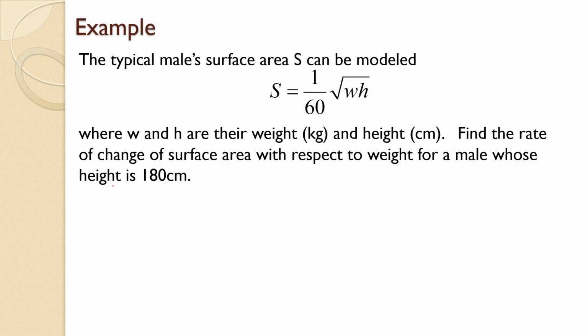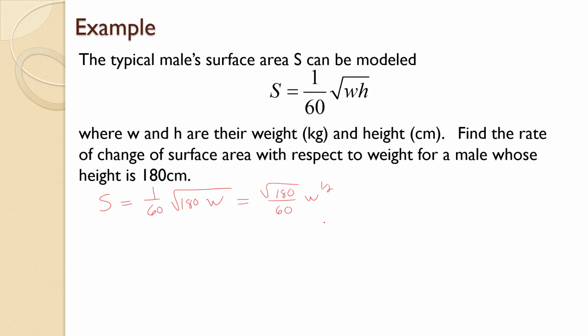So let's go ahead and simplify this formula. The surface area would be given by 1 over 60 times the square root of the weight, which is what I don't know, times the height, which I do, 180. That is the square root of 180 over 60 times the square root of W, which I can write as W to the 1/2.